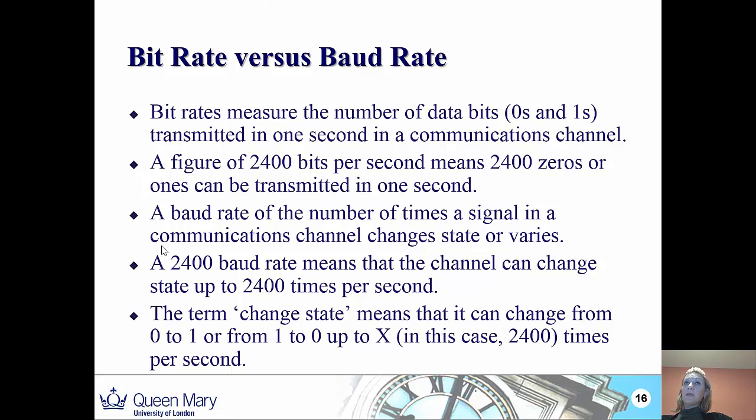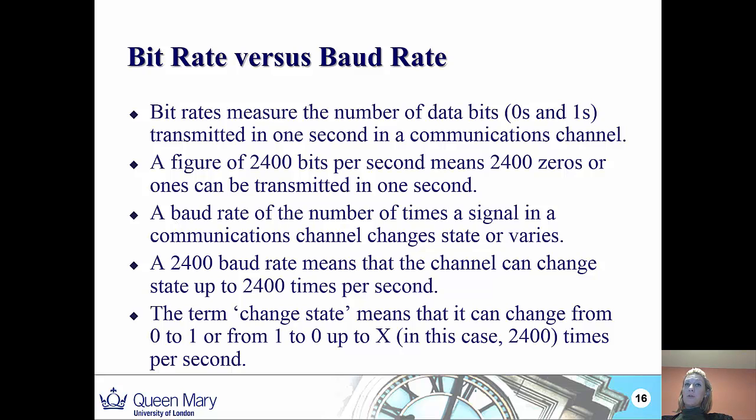To compare the bit rate versus the baud rate, bit rates measure the number of data bits, 0s and 1s, transmitted in 1 second in a communications channel. So if we're transmitting 2,400 bits per second, this means that we're transmitting 2,400 0s or 1s per second. The baud rate is the number of times a signal in a communication channel changes state.